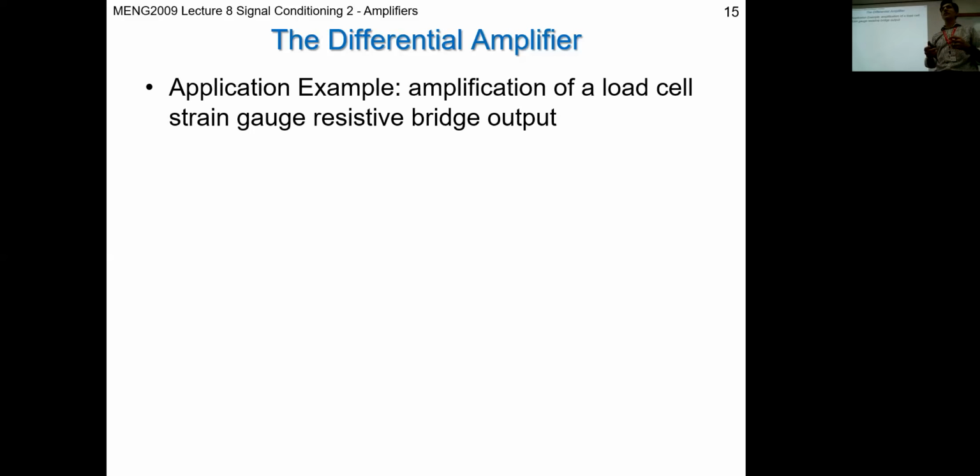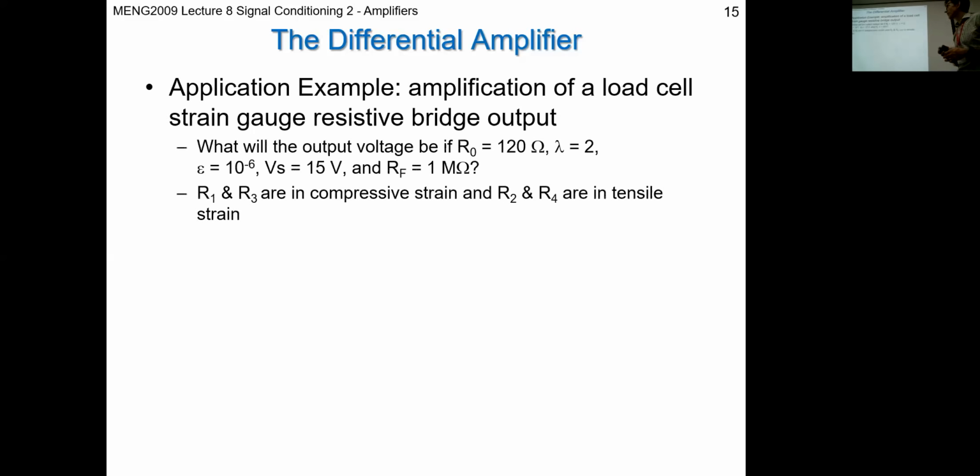Therefore, the strain gauge resistance is actually going to go up. So you configure those so that we maximize the difference. On each branch of a Wheatstone bridge for a load cell, you have one compressive and one tensile strain gauge. All right, so here is some data.